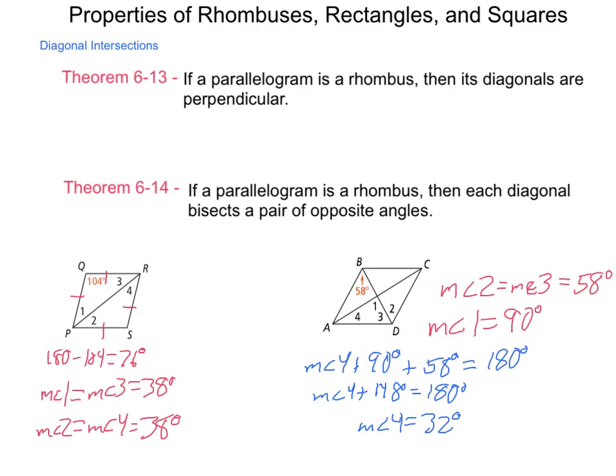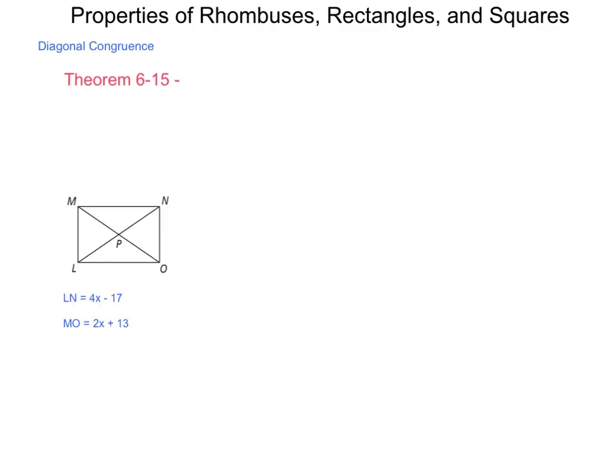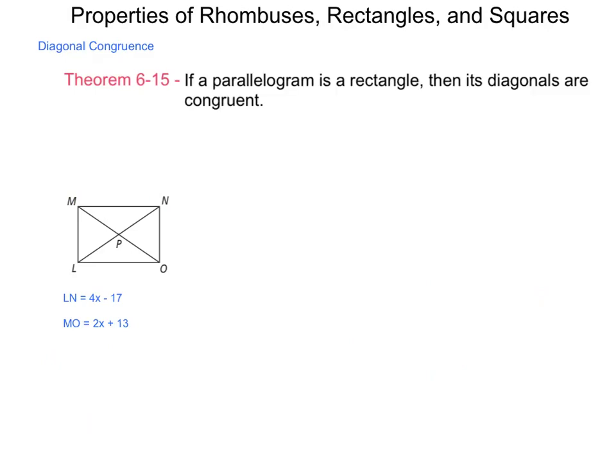There are also theorems and properties that come into effect when we start looking at rectangles. Theorem 615 is one, and it tells us that if a parallelogram is a rectangle, then its diagonals are congruent, meaning that in the diagram that is shown, each of the diagonals are going to be congruent to each other at the same length.